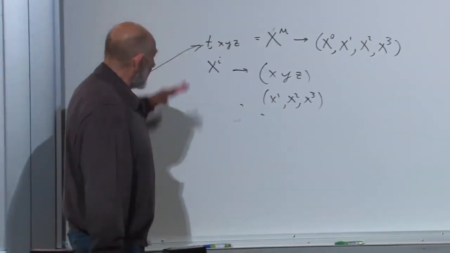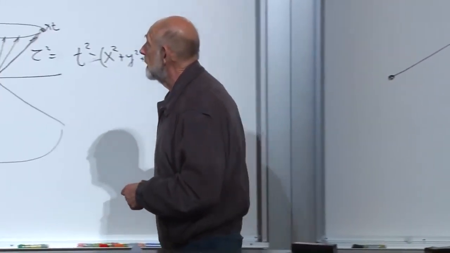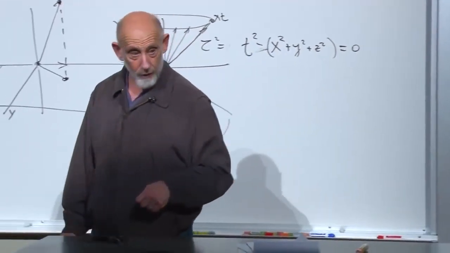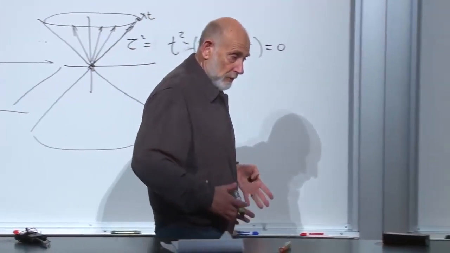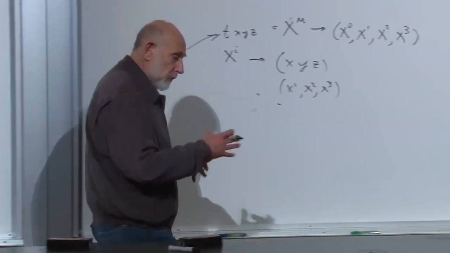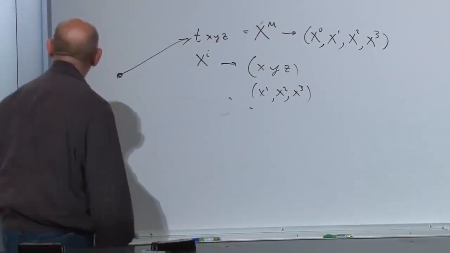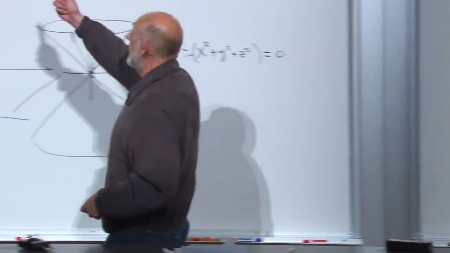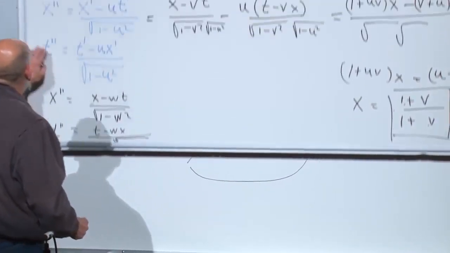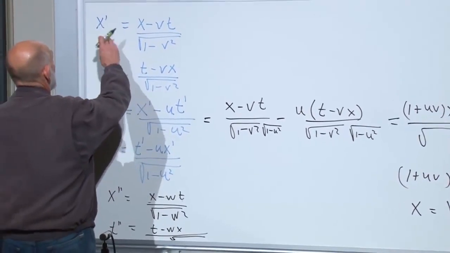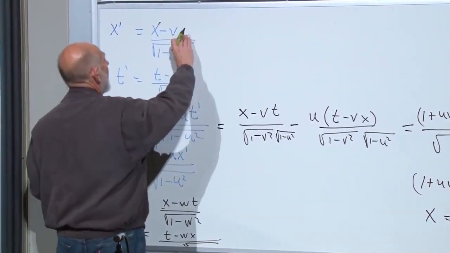Just as vectors transform when you rotate coordinates, 4-vectors transform when you Lorentz transform the space, when you go from a moving coordinate system to another moving coordinate system, and the x's transform exactly the way the Lorentz transformation tells you they transform. We could rewrite this as x1 prime is x1 minus v x0.